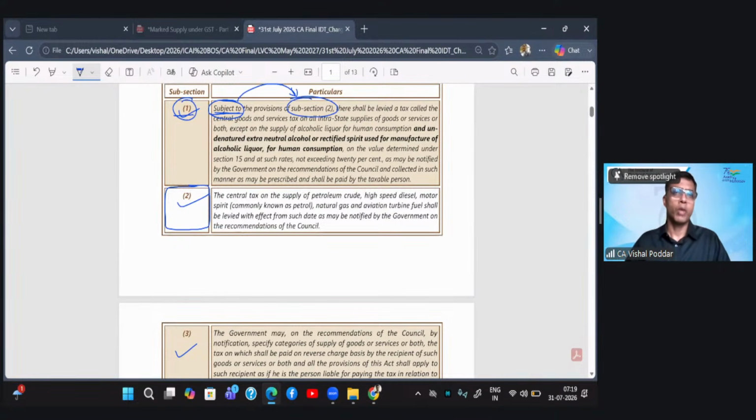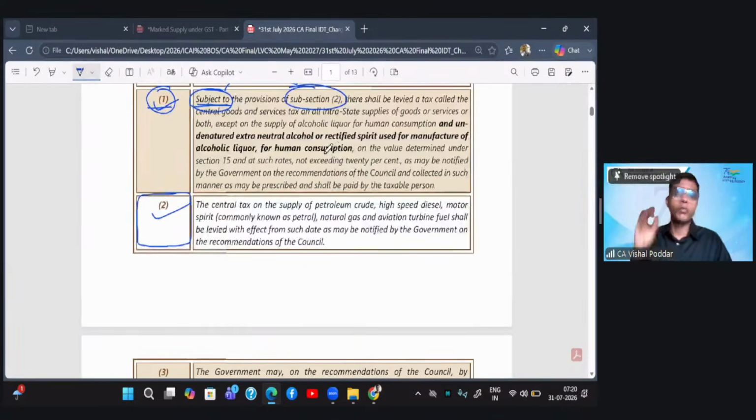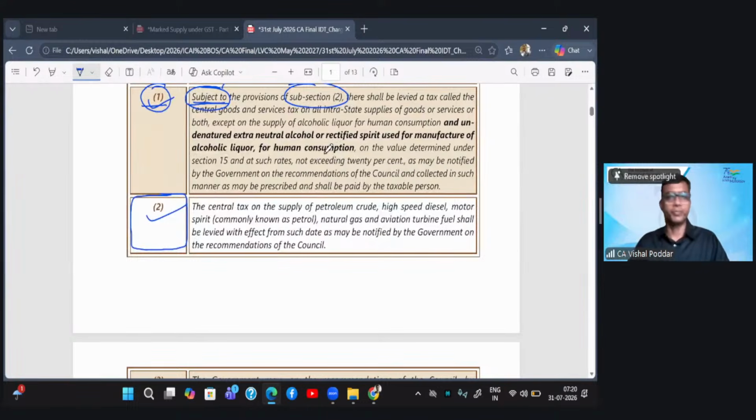So when subsection 1 says that it is subject to subsection 2, it means subsection 1 is inferior to subsection 2, or subsection 2 is superior. So you should first apply subsection 2, and that is why I said we start with subsection 2.